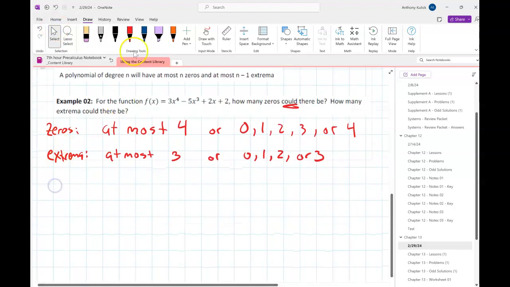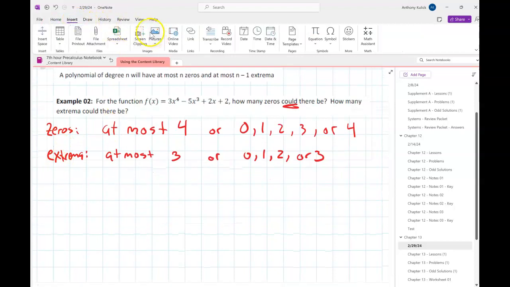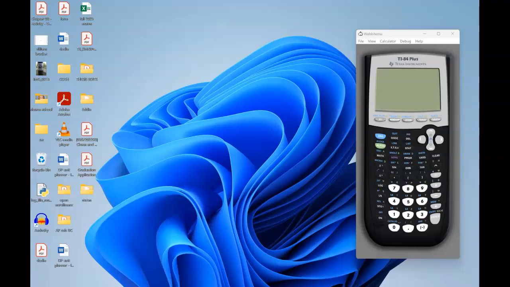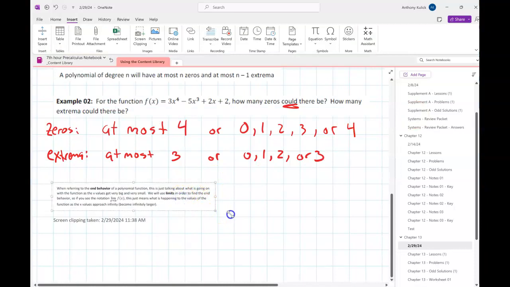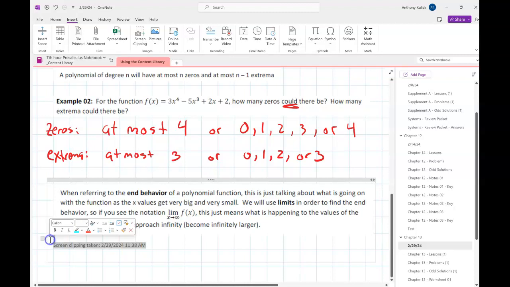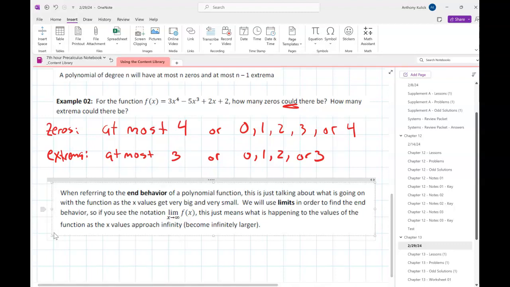All right, the next thing we're going to talk about is the end behavior. So again, we talked about this first semester also. The end behavior of the graph is basically describing what the arrows on the graph are doing. When we draw a graph, we have arrows at the ends of it.